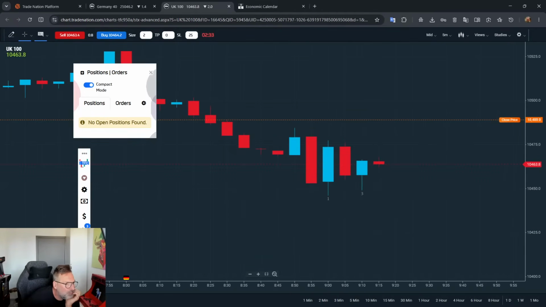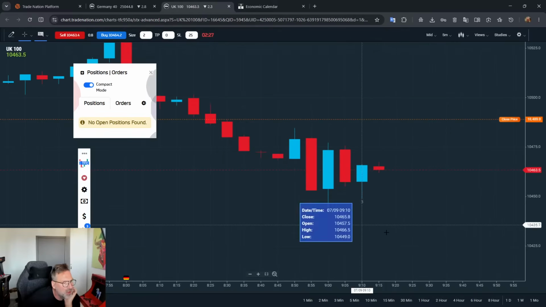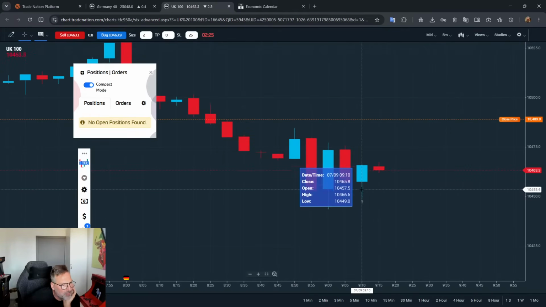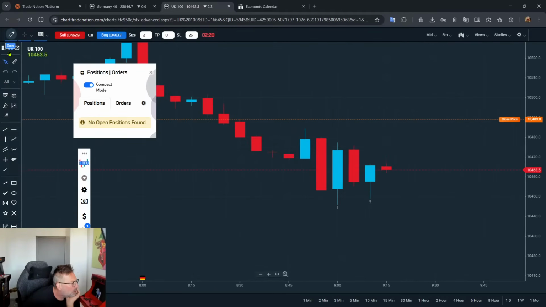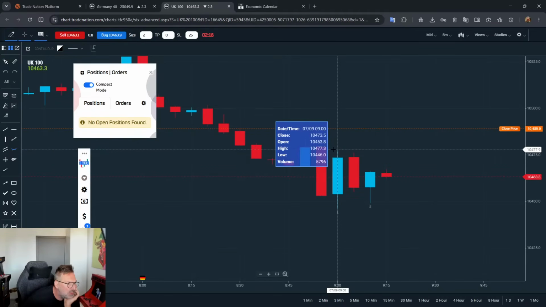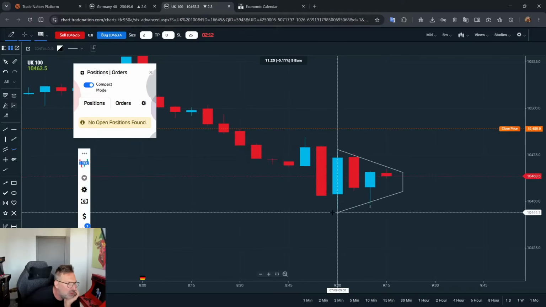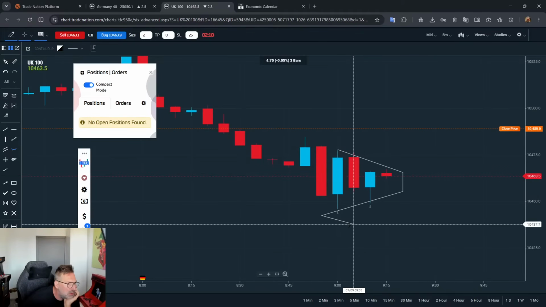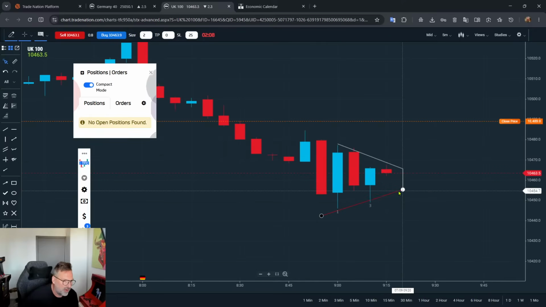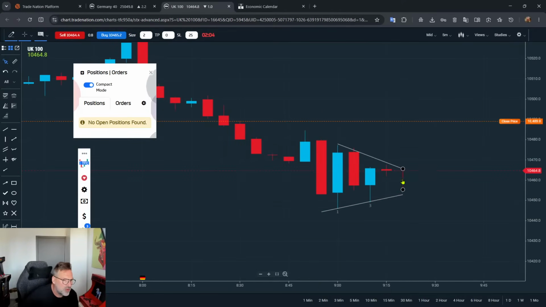And now the fourth 5-minute bar's body is trading within the confinements of the third 5-minute bar. So what we get here can be visualized roughly as a triangle.